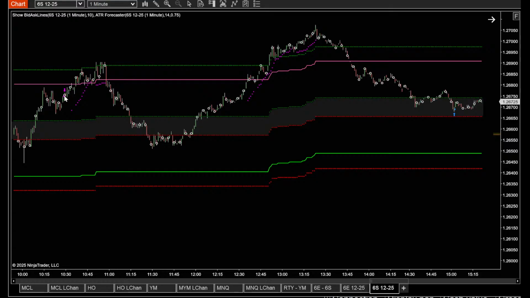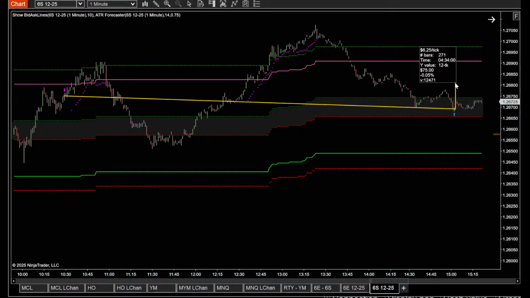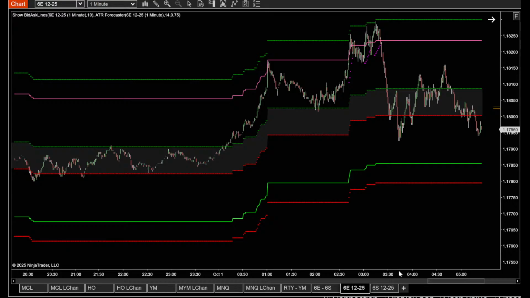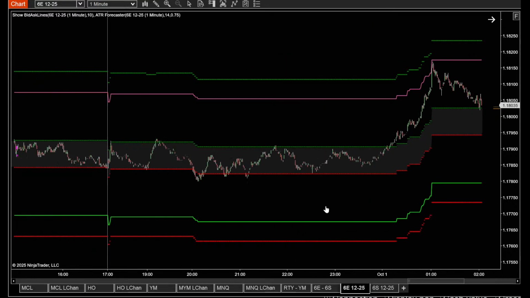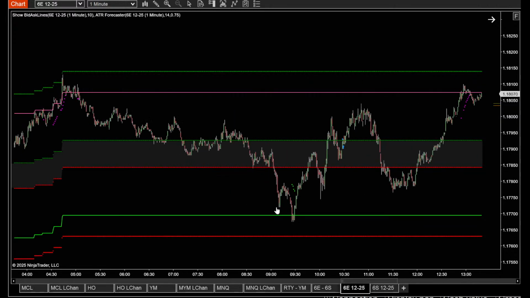I went short here, and I got out here. So we pulled in $75, short from here and covered here. So it's about a $75 move. The 6E yesterday, there is the cover.